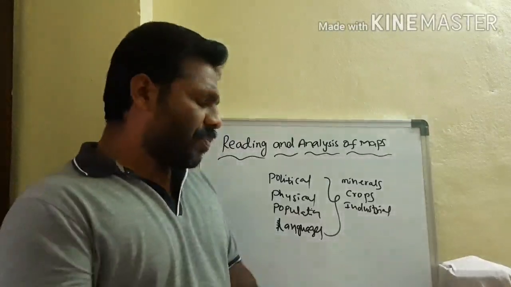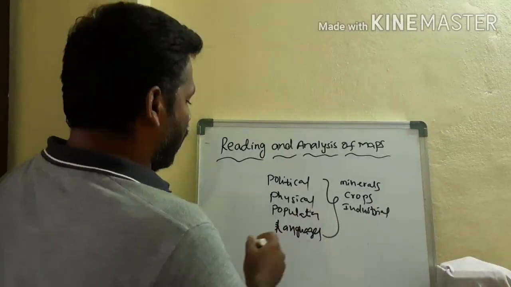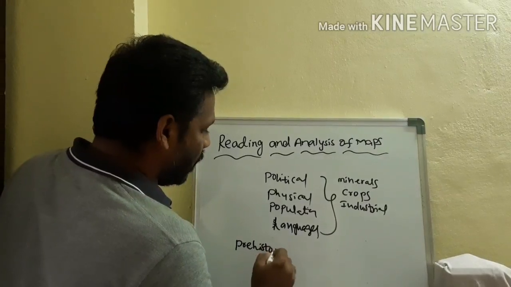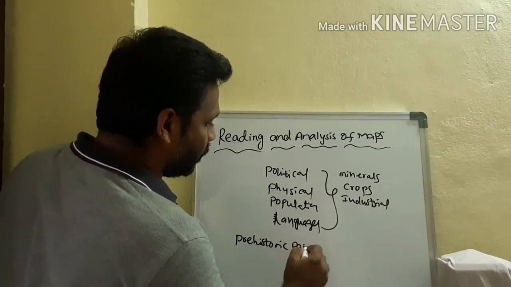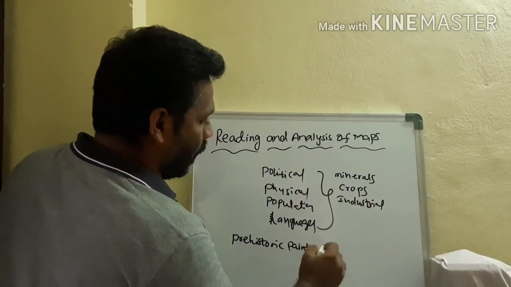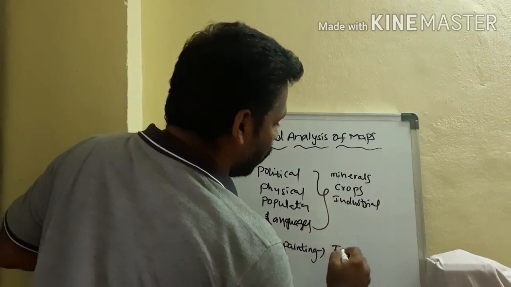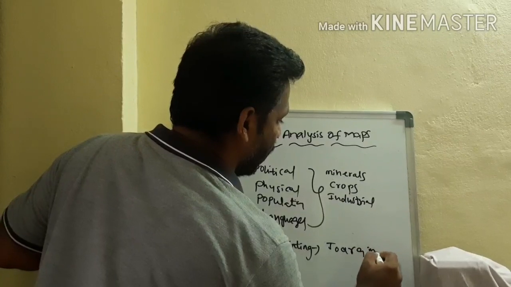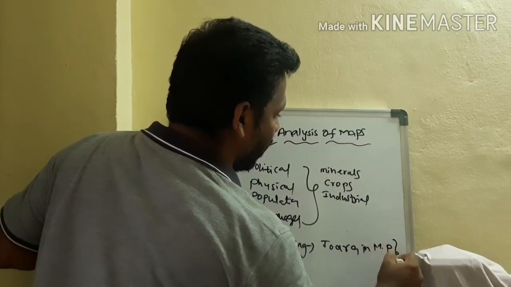In early times in our country, there were prehistoric paintings. We can find one at Johora in Madhya Pradesh. What does it show?